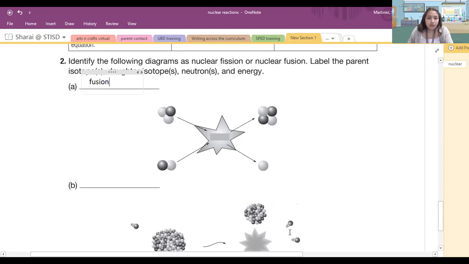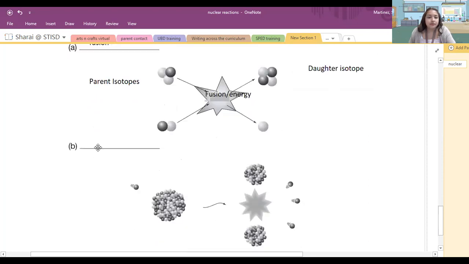The 2 parent isotopes would be the two that are here on the left-hand side. And then our daughter isotope or the product is over here on the right-hand side. And in the middle, we would just label that this is fusion/energy.